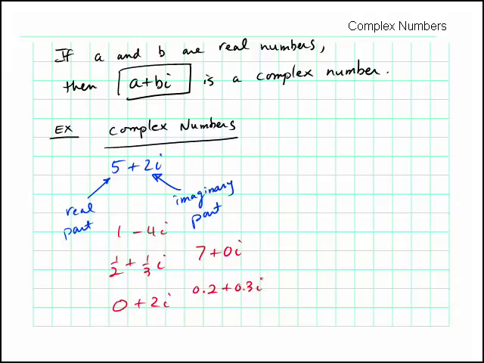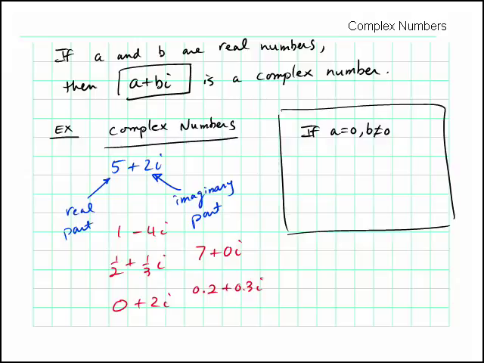Note this, though. If a equals 0 and b is not 0, then we have what are called pure imaginary numbers.